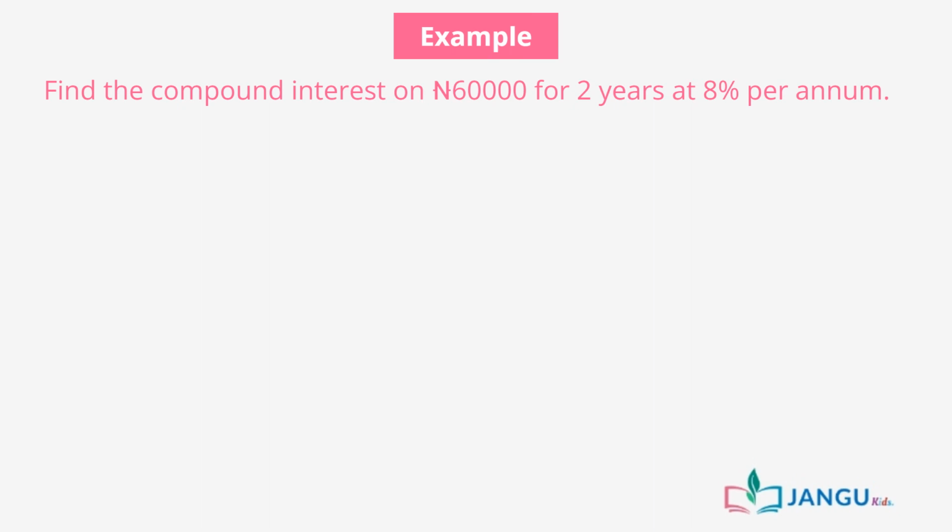Find the compound interest on 60,000 Naira for 2 years at 8% per annum. To find the interest gotten at the end of the first year, we use the formula I equals principal times rate times time all over 100.